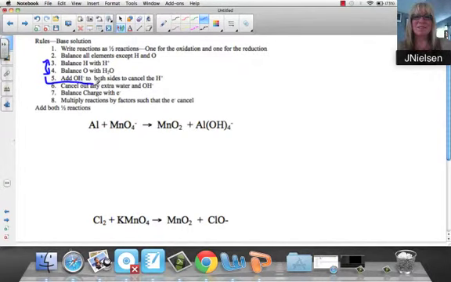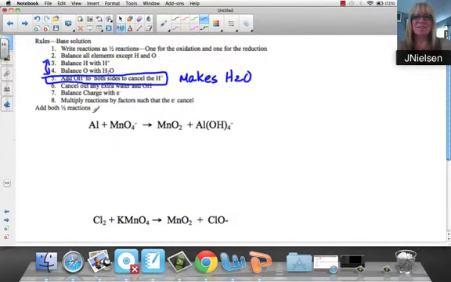We're going to balance those H plus with OH on both sides. And that is going to make water. So this step makes water basically. And then we can cancel out any extra waters and OHs if we have enough on both sides to do so. So let's put this into practice.